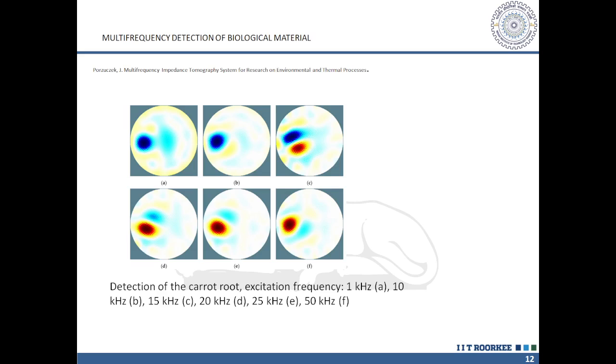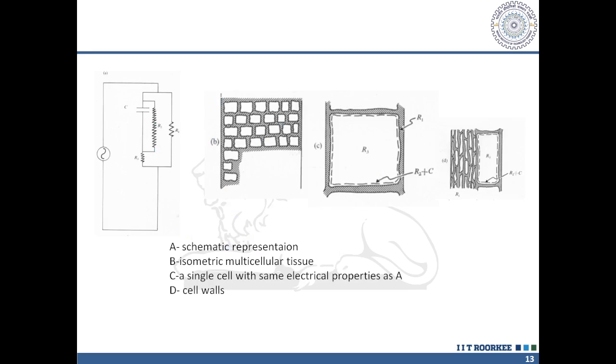This can also be explained by another slide, because the conductivity is changing with the frequency. So why and how the conductivity changes with the frequency, we can understand in this slide. This also I have included from another research paper.